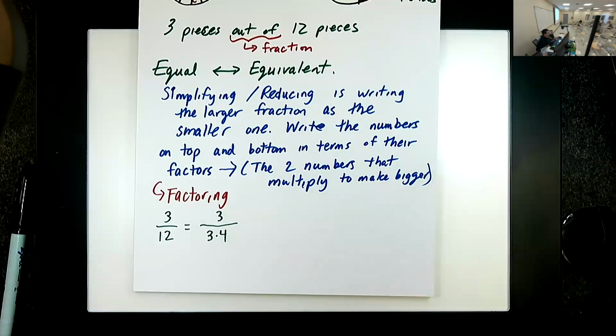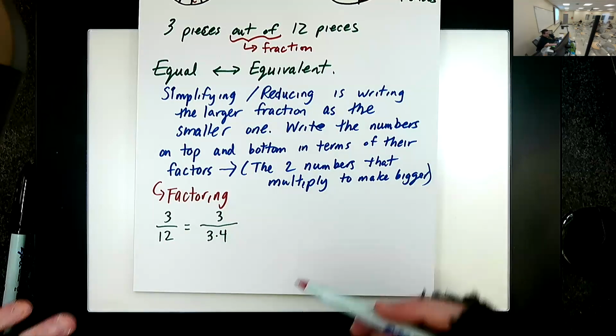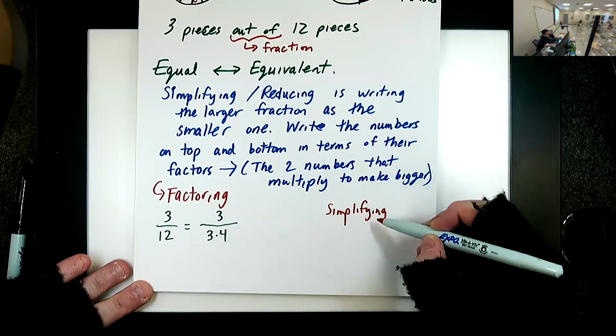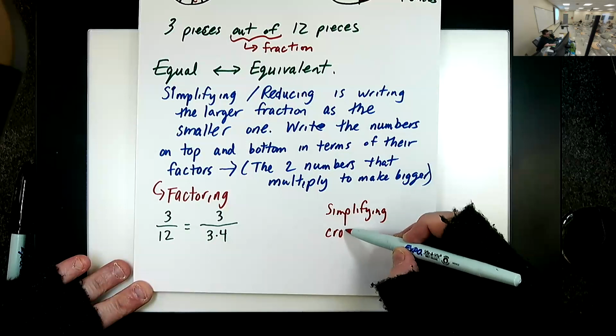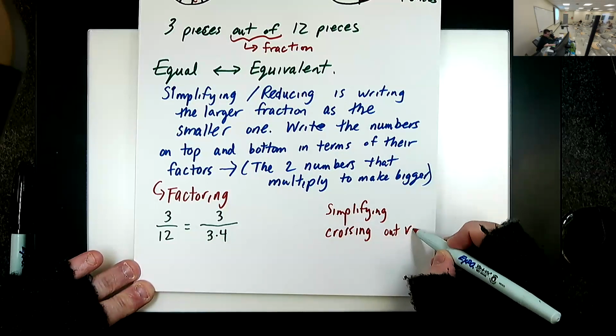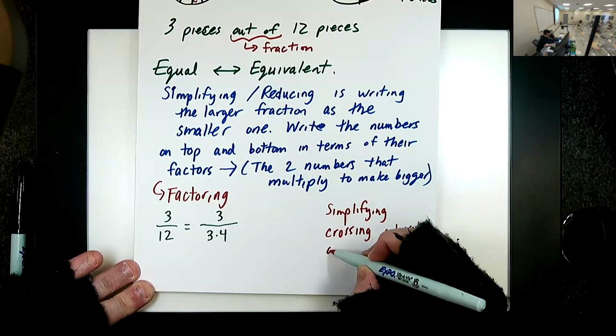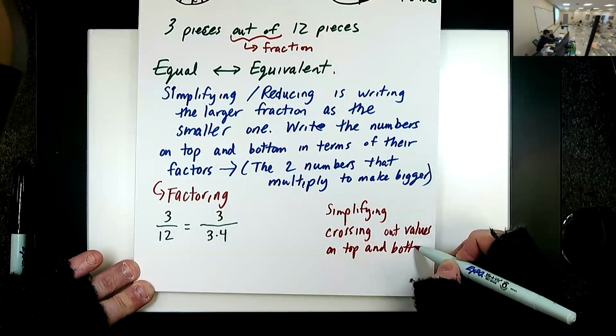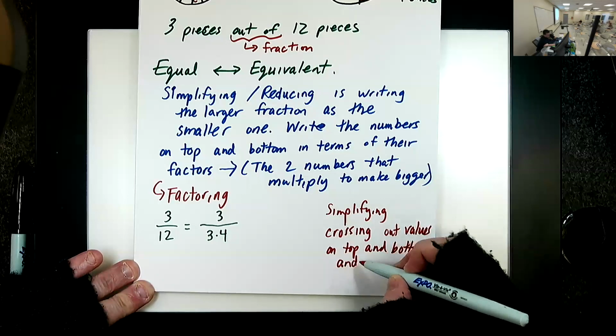When we simplify, simplifying is crossing out values on top and bottom and replacing with a 1.